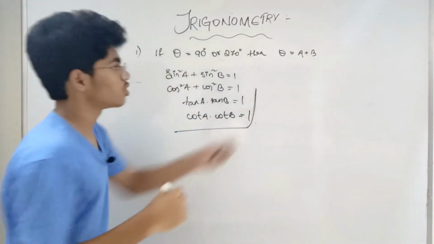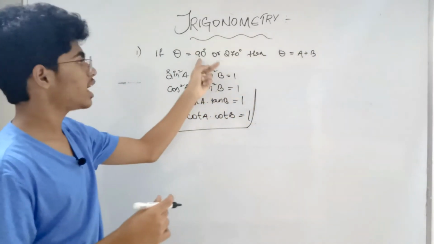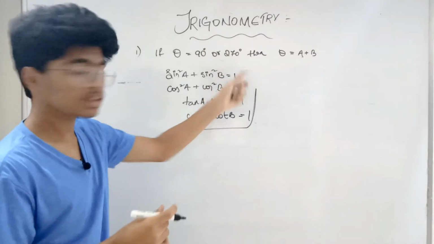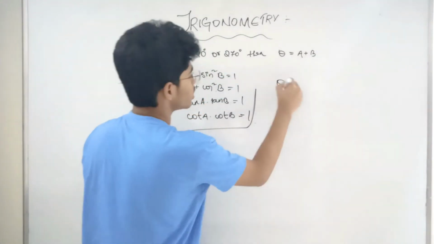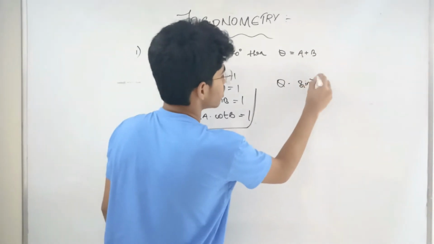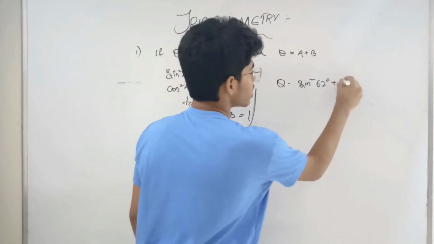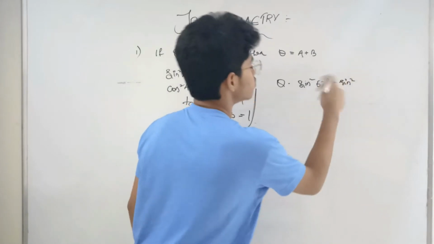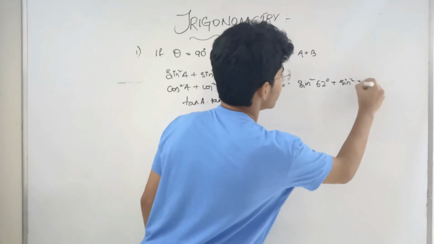So if a plus b equals 90 degrees or 270 degrees, then we have these shortcuts. Suppose we are given a question, sine square 52 degrees plus sine square 38 degrees.